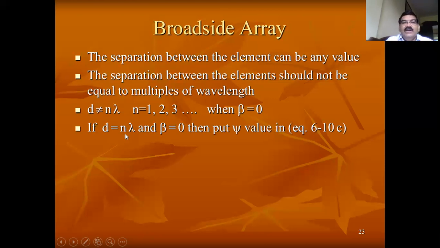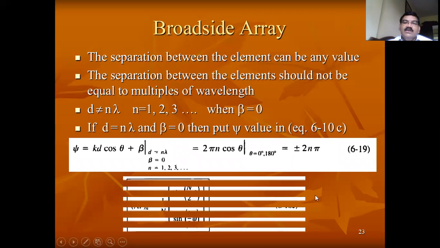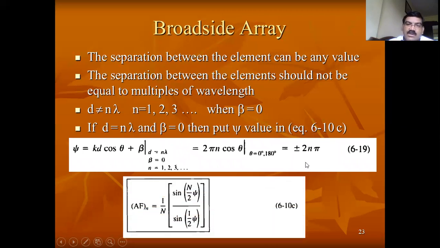If d equals n times lambda, a multiple of the wavelength, and beta equals 0, then putting the psi value in equation 10.6, you will get psi equals plus or minus 2n pi. So your array factor is 1 by n, sine n by 2 psi, over sine 1 by 2 psi.